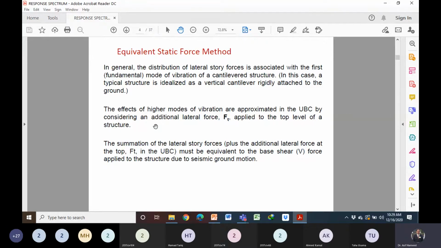So UBC considers the additional lateral force FT for the effects of the higher modes of vibration, and that additional force is to be applied at the top level of the structure.